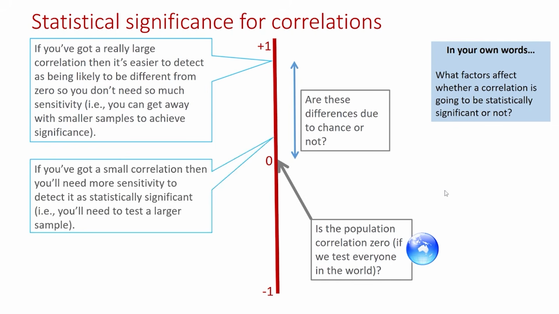On the other hand, if you've got a really small correlation, something that's much closer to 0, we need much more sensitivity to be able to discriminate it from 0, i.e. we need to test a much larger sample. Okay, so in your own words, what factors affect whether a correlation is going to be statistically significant or not? Those factors include your sample size and the magnitude of your correlation.